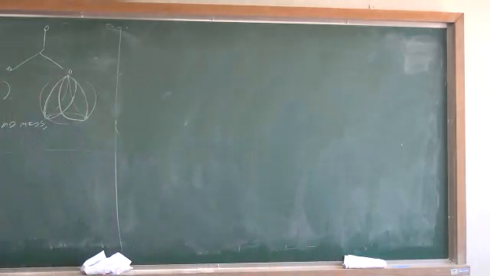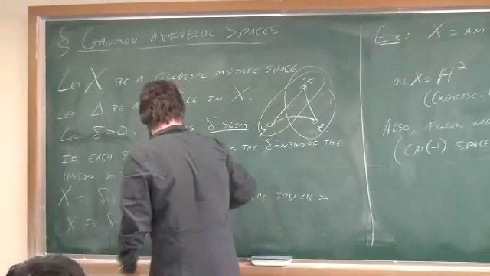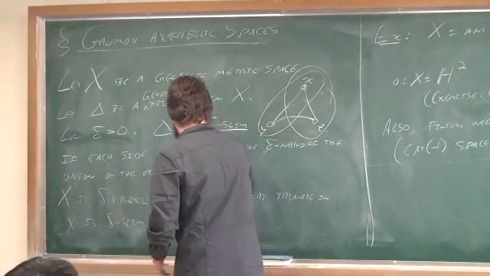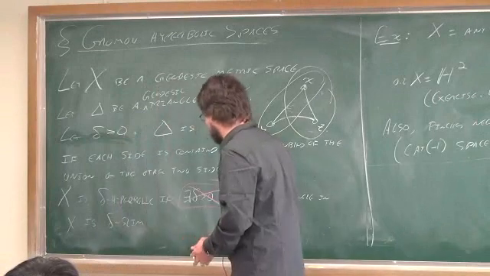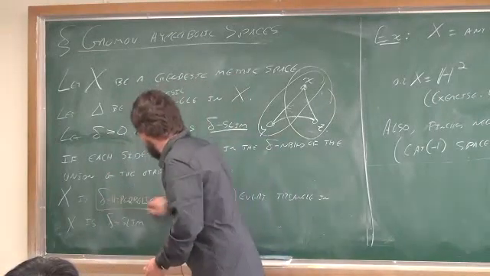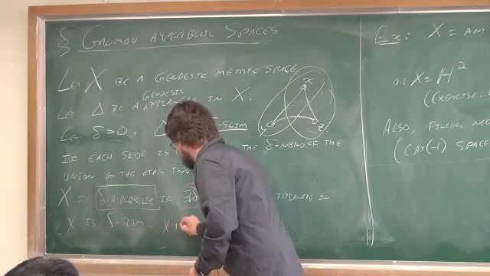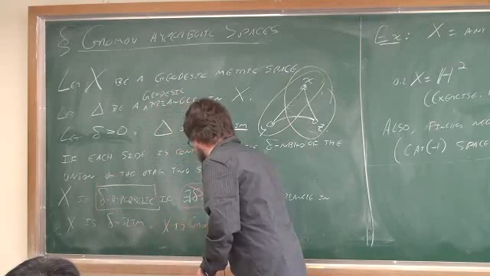Sorry, I said this wrong. I should have said X is delta hyperbolic if every triangle in X is delta slim. So that's what I'm defining there. And then it's Gromov hyperbolic if there exists a delta.